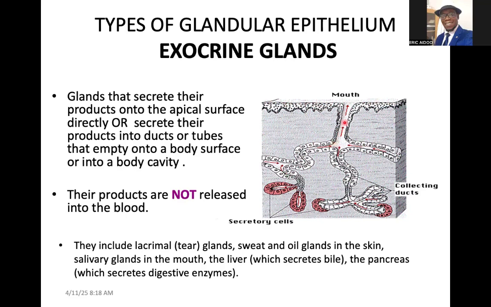So this becomes the duct, and then you have the duct also branching into secretory units or secretory portions. All right. So these areas that are colored, they are not colored white. Somebody will see it to be orange or whatever color. So that is it. Then you have ducts.